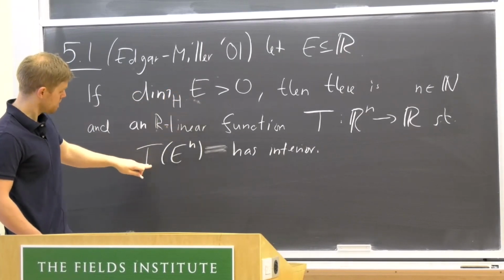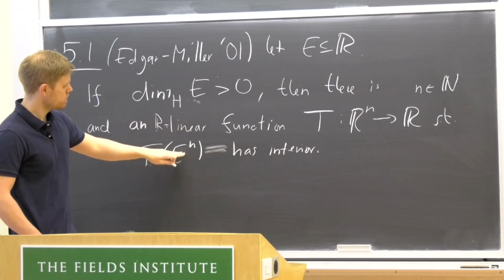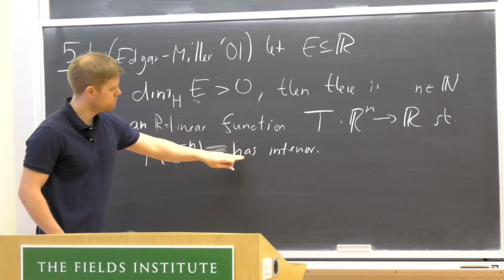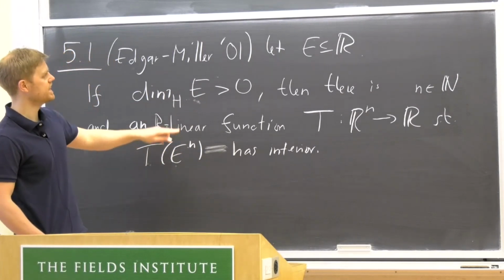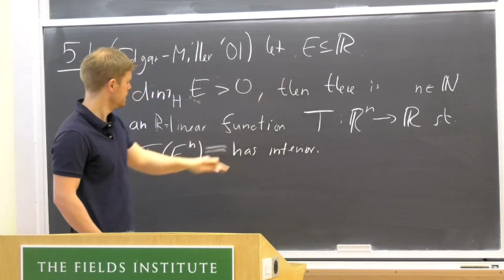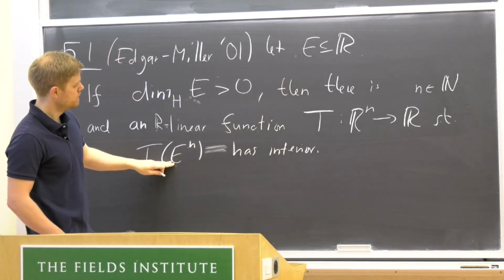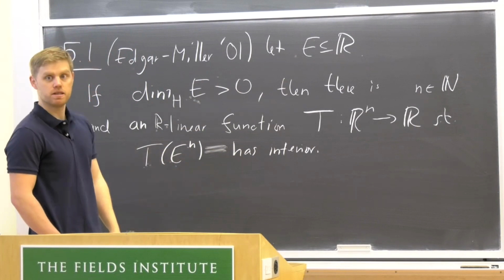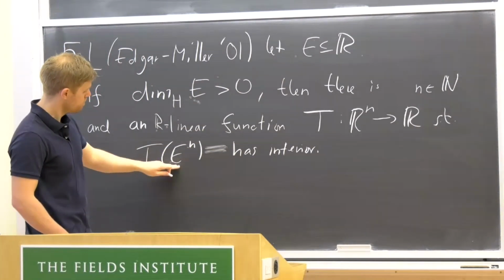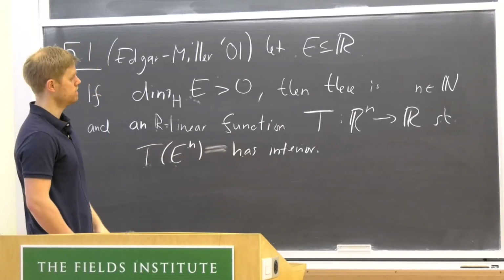Then we have a linear and in particular continuous function such that the image under it has interior. So if you now have a set that lies dense in E, like our omega orbital set, and you map this under T, then the image of this omega orbital set will be dense in this interior, and you have a dense omega orbital set.